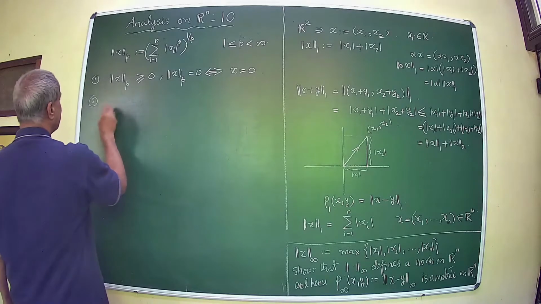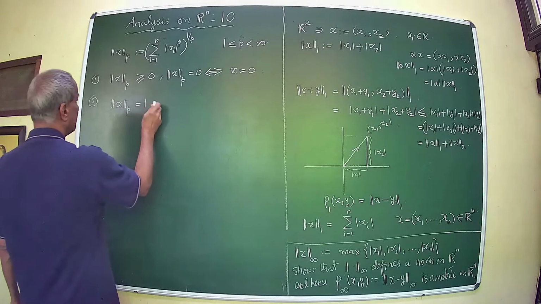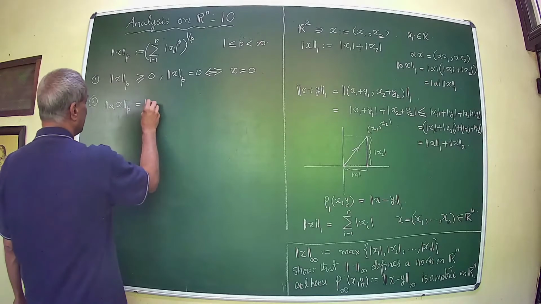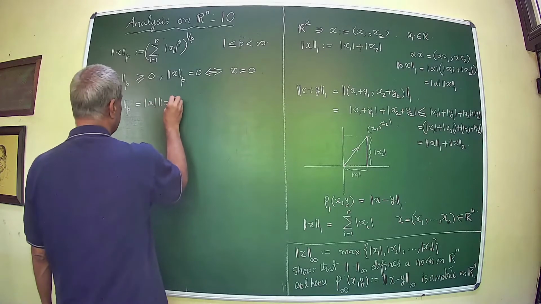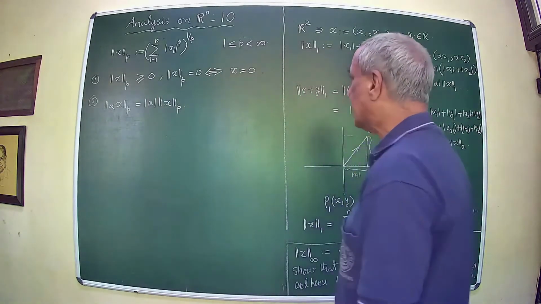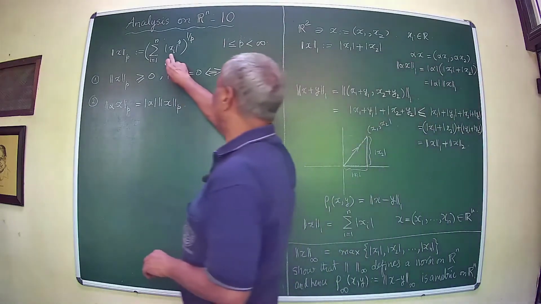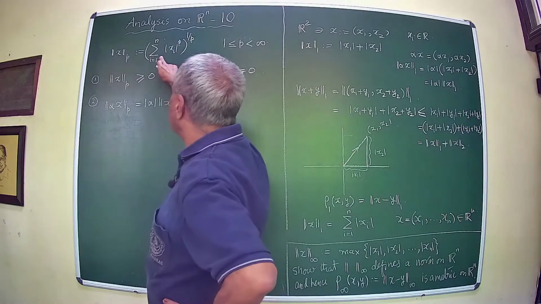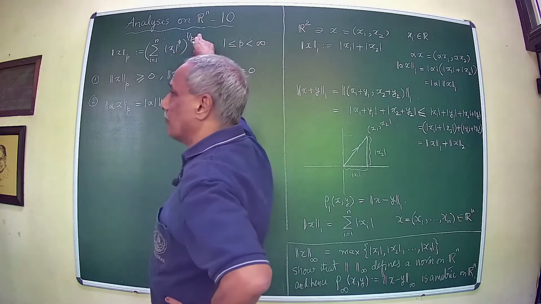That means the norm of alpha x equals mod alpha times the norm of x. That is also straightforward, because what you would have is alpha xi everywhere here, and you can write it as mod alpha into mod xi, all to the power p, to the power 1 by p.